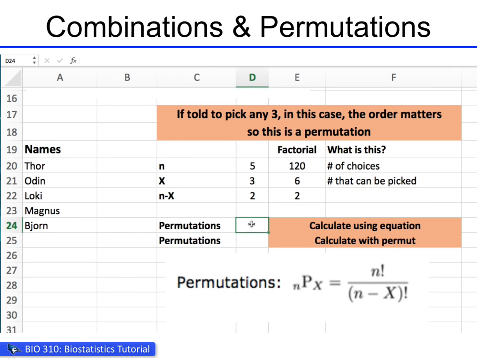Now, to do permutations, okay, we can also do this in 2 different ways. So, and I'm showing you this just so that we can satisfy that curiosity and know that yes, indeed, it is going to calculate the same thing.